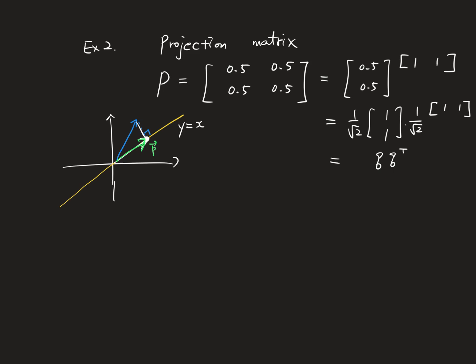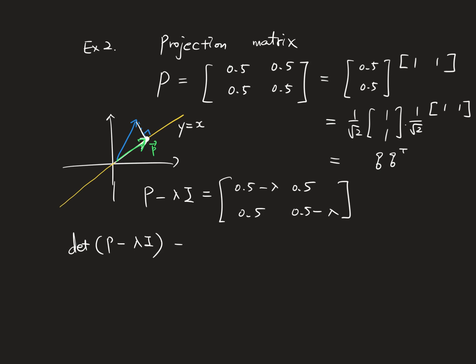But anyway, now we consider this matrix to get a characteristic equation: 0.5 minus lambda, 0.5, 0.5, 0.5 minus lambda. We get the characteristic polynomial, which is (lambda minus 0.5) squared minus 0.5 squared, and it'll be lambda times (lambda minus 1).